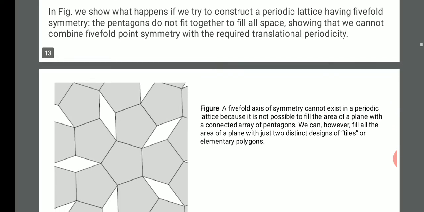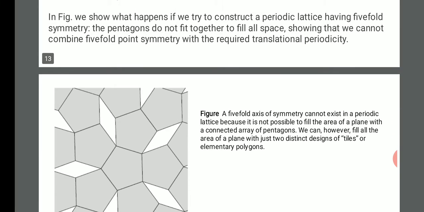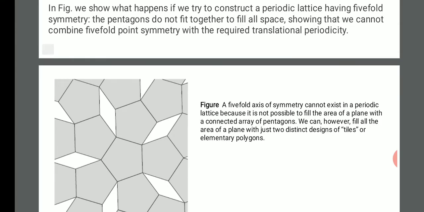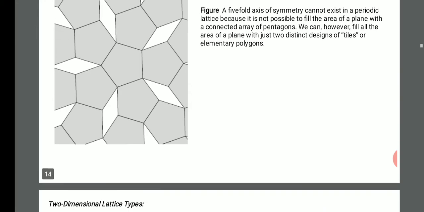In this figure we show what happens if we try to construct a periodic lattice having 5-fold symmetry. The pentagons do not fit together to fill all space, showing that we cannot combine 5-fold point symmetry with the required translational periodicity.